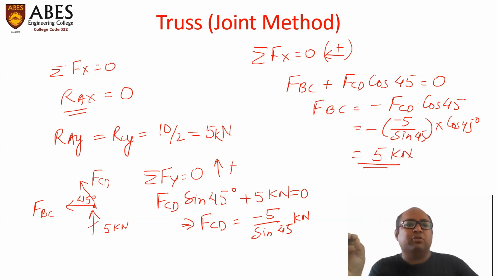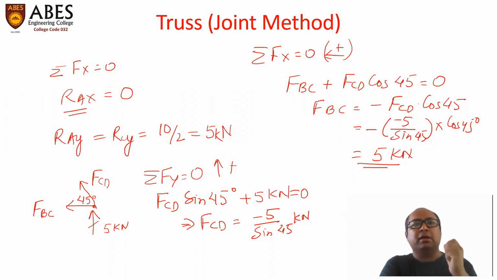And then I have used the joint method. While using the joint method, I draw the FBD of the concerned pin and then apply the conditions of equilibrium for a coplanar concurrent force system. Using this method, you can find the force in the desired member, and the positive sign will show that the member is in tension, and the negative sign will show that the member is in compression.